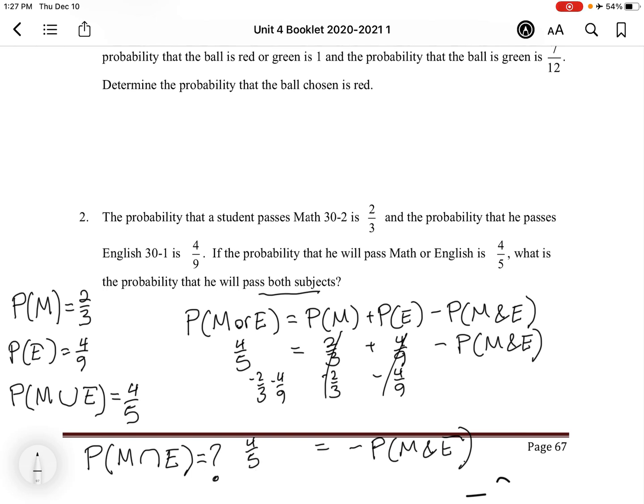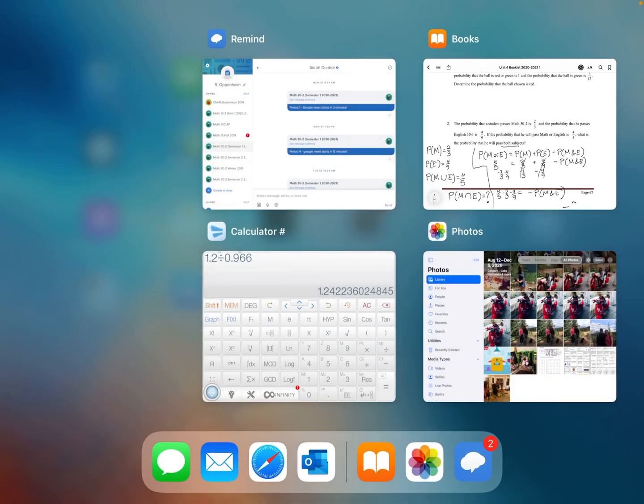And this side is going to be 4/5 minus 2/3 minus 4/9. Okay, now what I'm going to do is go and use my calculator to do this, because we can answer these as decimals if you want. And maybe I'll just do these fractions on my calculator. I'm using my iPad right now, so I'll use the one on my iPad.